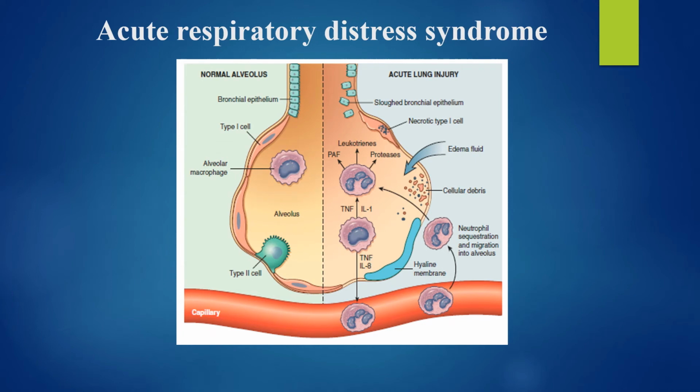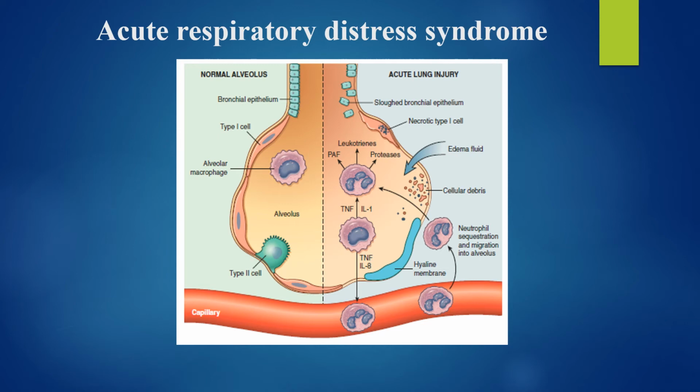Now I would like to give you some information about acute forms of lung injury, then in brief about obstructive and restrictive lung diseases. Acute respiratory distress syndrome, ARDS, is characterized by diffuse damage to the alveolar capillaries and alveolar epithelium.